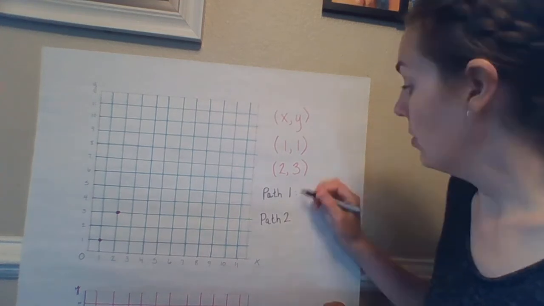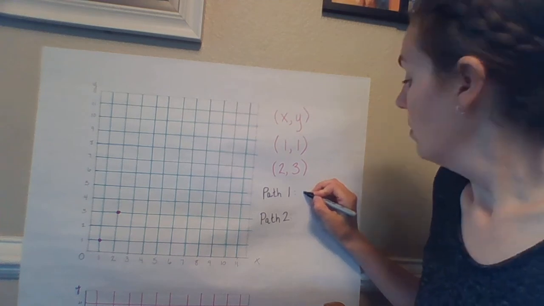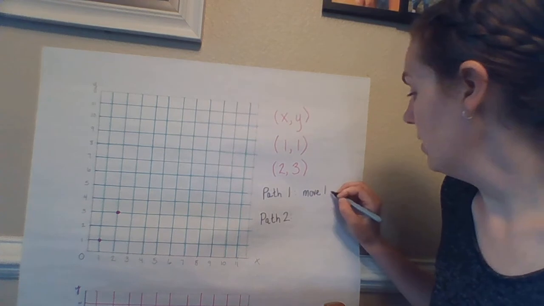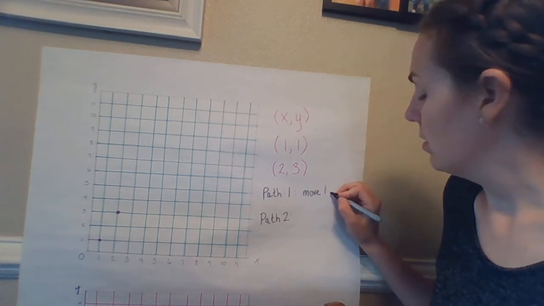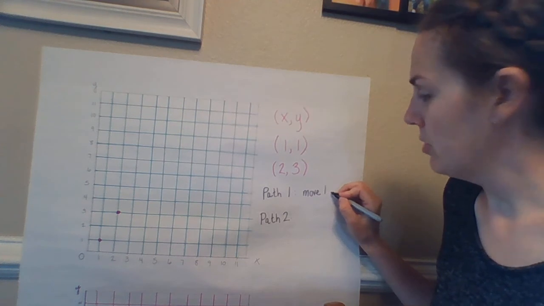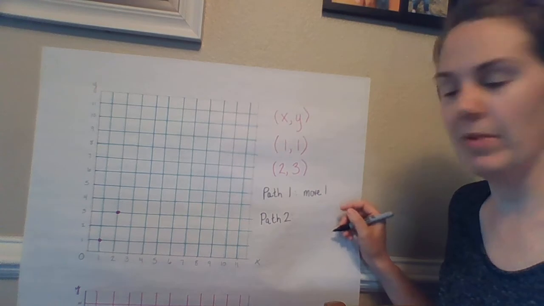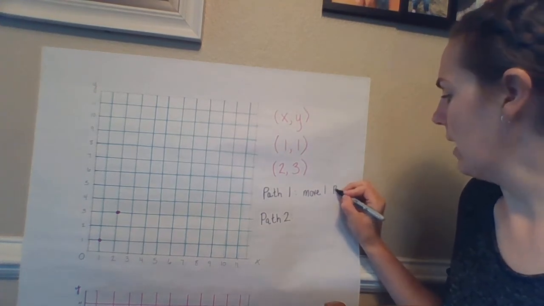So I could say move 1 to the right, and because I didn't allow myself a whole lot of space, I'm going to say move 1 right.